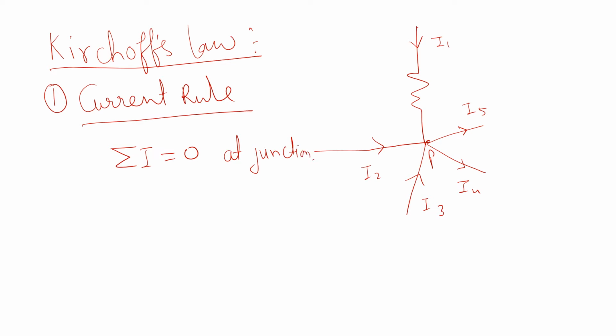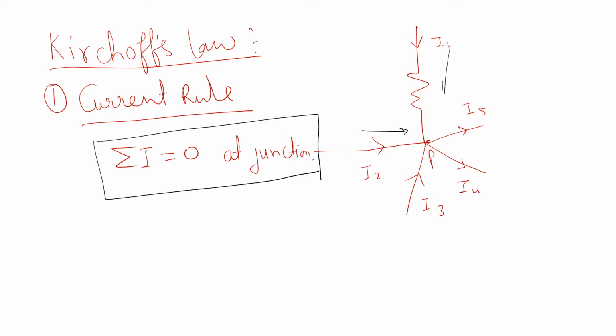This is the first Kirchhoff's rule, which is commonly used. In other words, the total current which is coming to this circuit and the total current which is going out of the circuit are both equal.